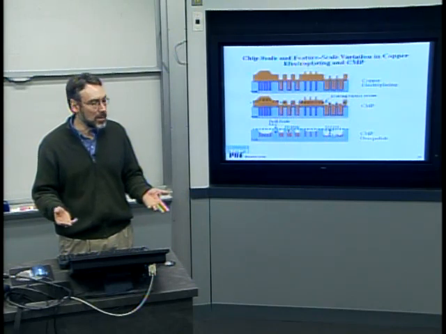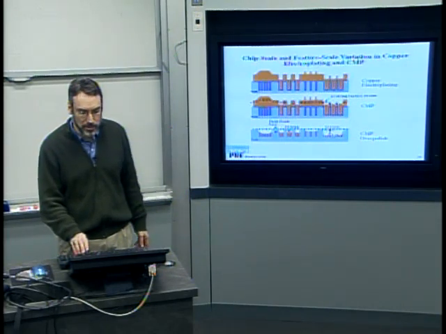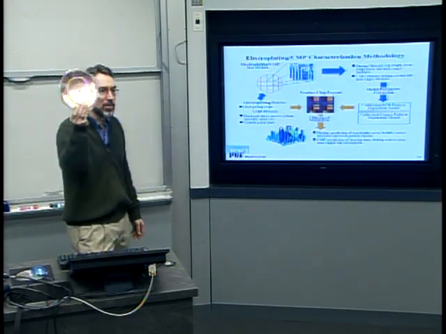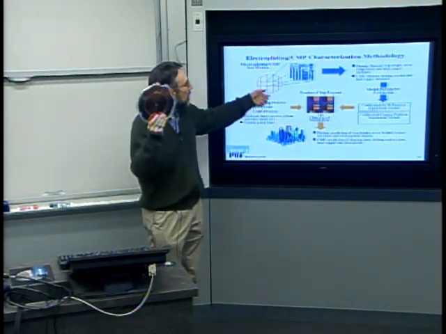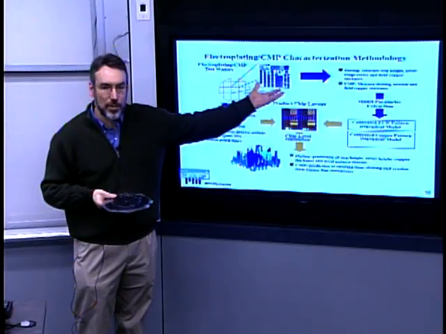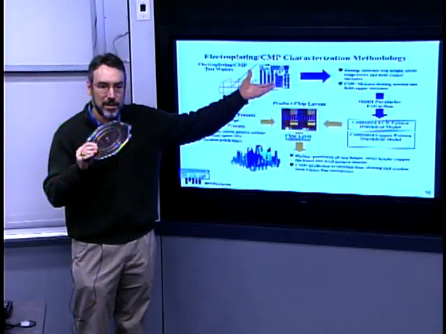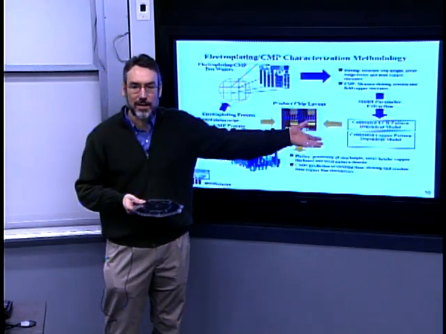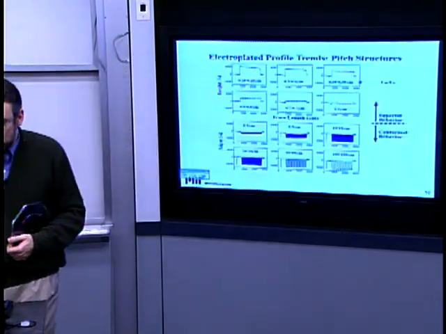So these are some systematic effects. They are manufacturing limitations, and one would like to model and characterize those. And in fact, that's what this wafer was for. What we came up with was a test structure methodology where you would put lots of features of different sizes on a wafer, run it through the process, measure the results.